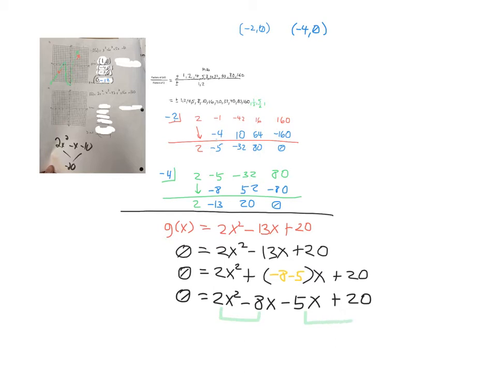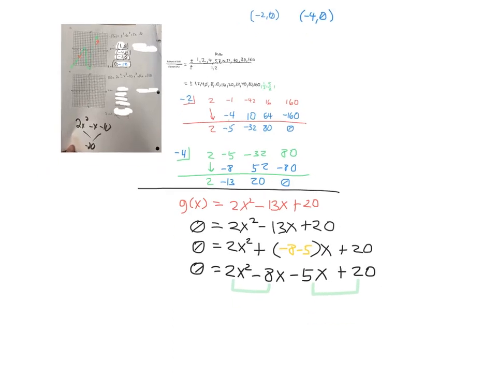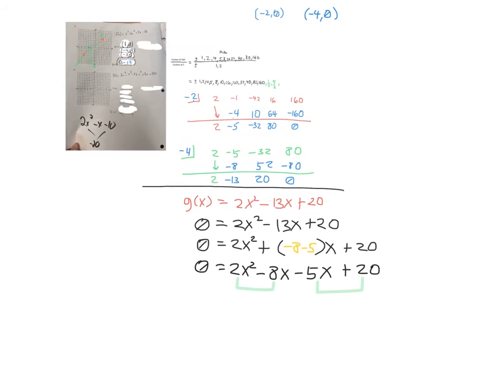Well, we can now factor by grouping. Factoring by grouping means focus on two terms at a time. Now, the first two terms are such that we could factor out a 2x as a GCF.